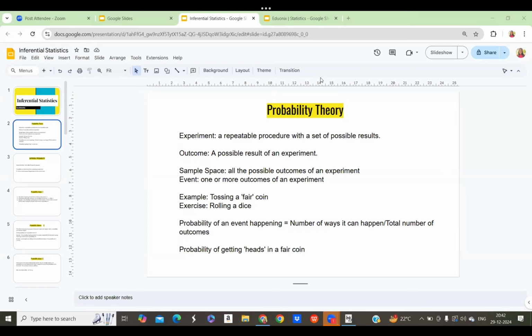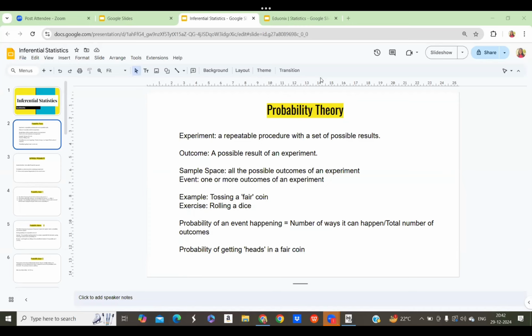The output you will get after rolling a dice, that is always one event, right? Because you are rolling the dice one time. So the total event is always 1. And how many probable outcomes you have, that we mentioned. Like if I ask you what is the probability of getting head, you are telling me the chance is half, right?